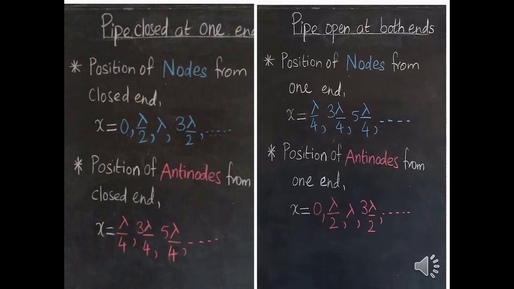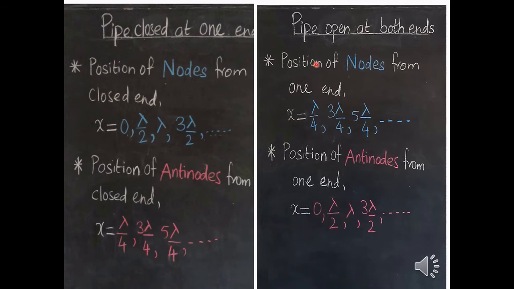For a pipe closed at one end, the boundary conditions are such that a node is always there at the closed end. So position of nodes from closed end is x is equal to 0, lambda by 2, lambda, 3 lambda by 2 and so on. The distance between any two consecutive nodes is lambda by 2, as you can see it here.